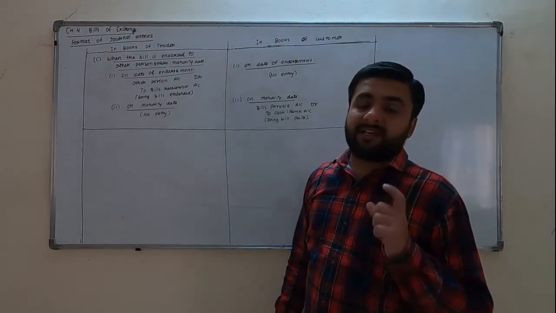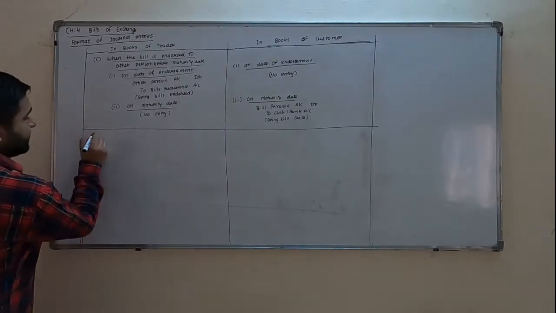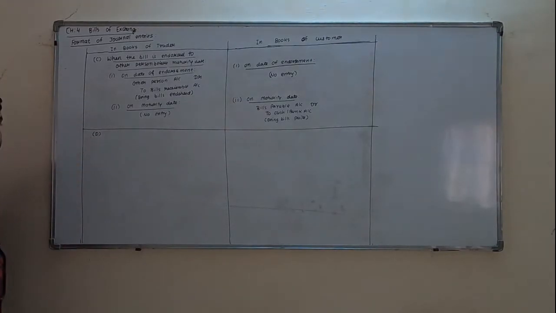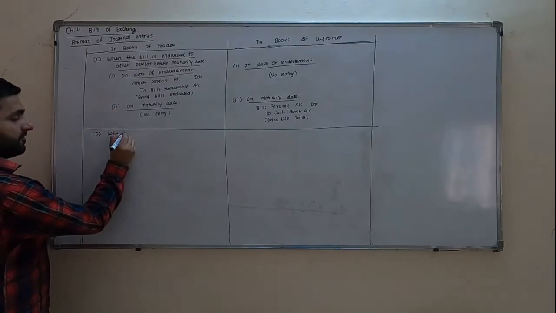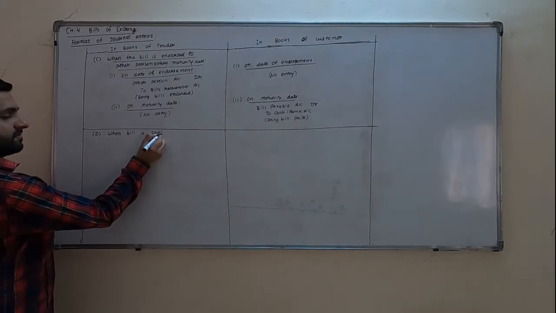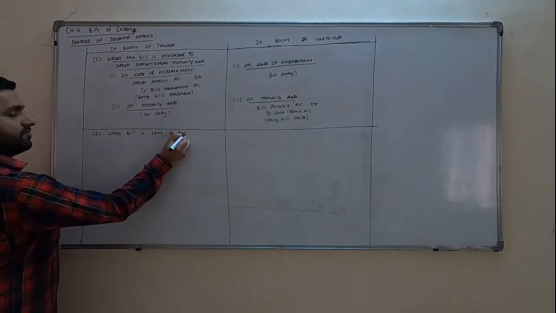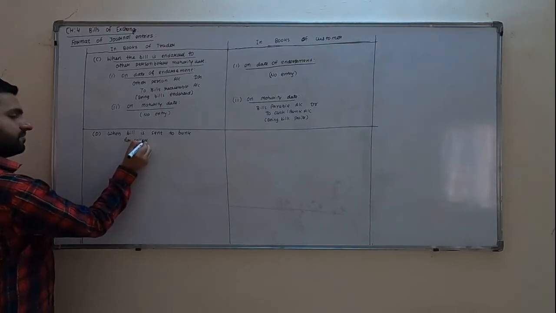Now the fourth and the last use is a little bit difficult and different from others. D: when bill is sent to bank for collection.